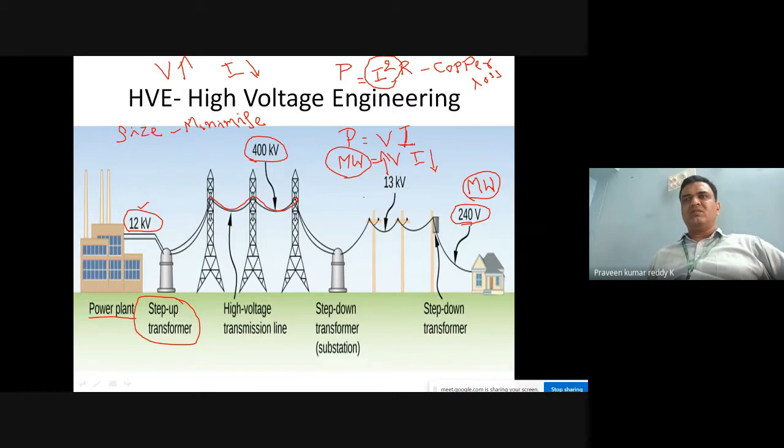So the reason behind going for high voltage is to minimize the current value so that I can use smaller conductors.